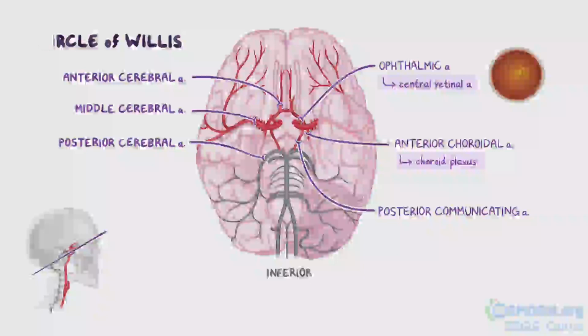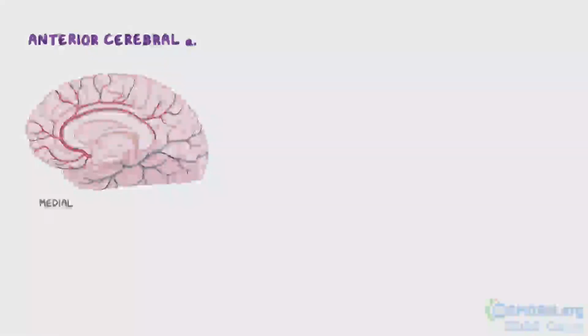And now let's use an image of the medial side of one cerebral hemisphere to look at the two terminal branches of the ICA, the anterior cerebral artery and the middle cerebral artery. From its origin, the anterior cerebral artery runs anteriorly and then turns superiorly and travels posteriorly, arching over the corpus callosum.